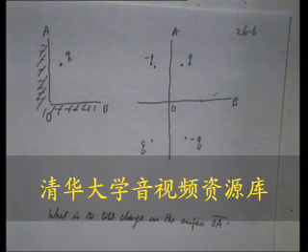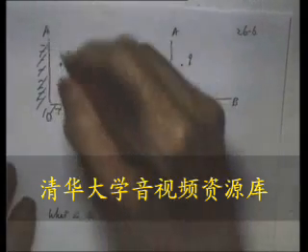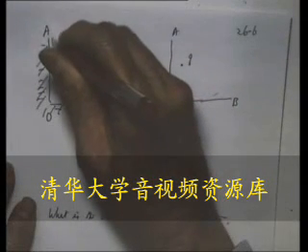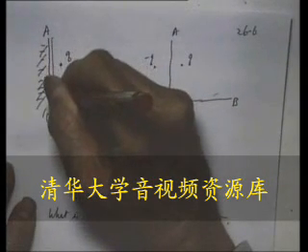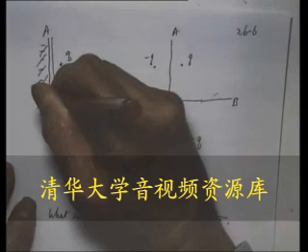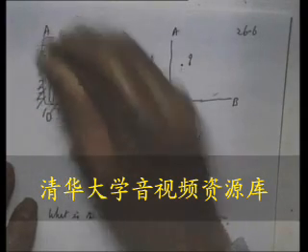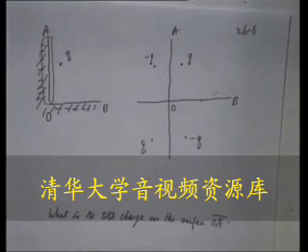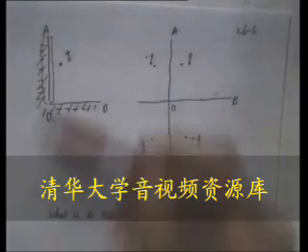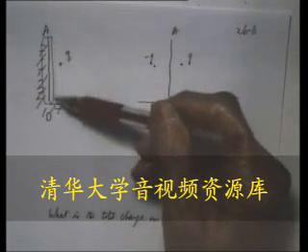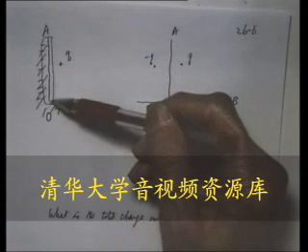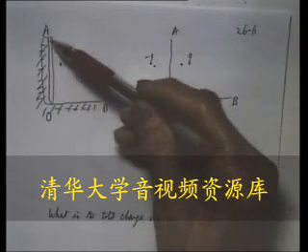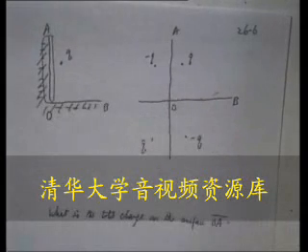Obviously, the way you do it is you use Gauss's law. You consider a box. This side is just outside of this OA plane. This side is inside the conductor.